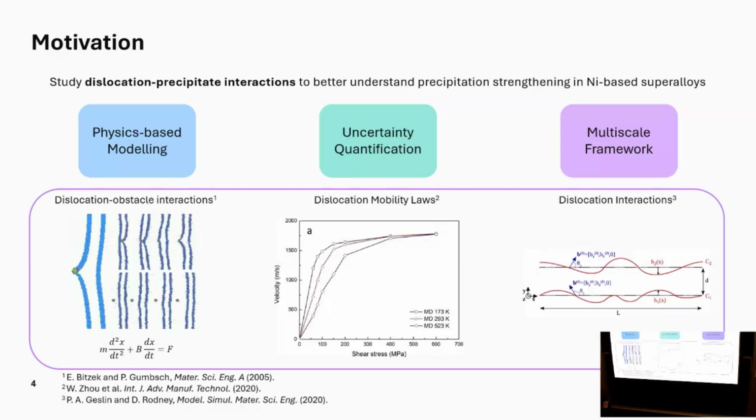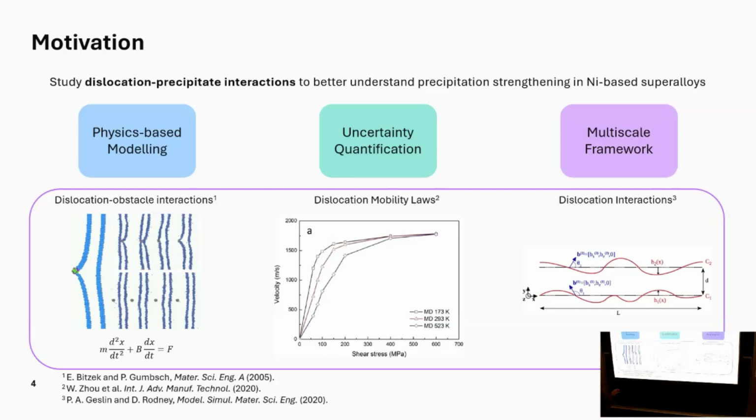Previous work in this area has looked at things like parametrizing dislocation obstacle interactions. In this specific study, the authors were looking at whether inertial effects could possibly lead to a dislocation overcoming an obstacle that it otherwise wouldn't. They used this equation of motion, which features a lot in my slides, to model the dislocation dynamics.